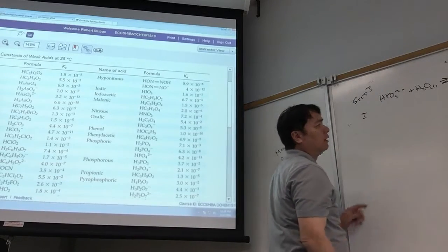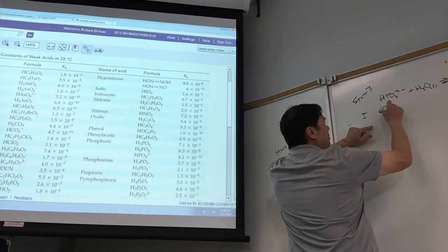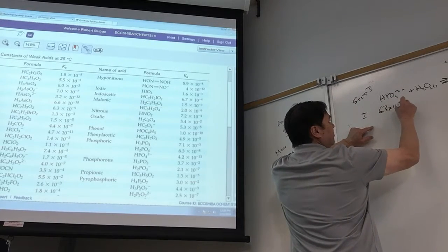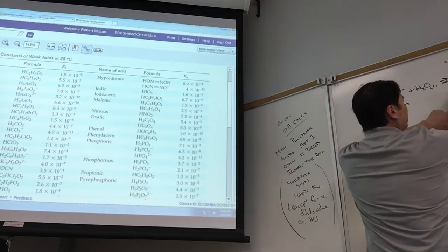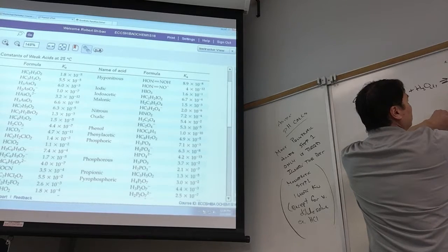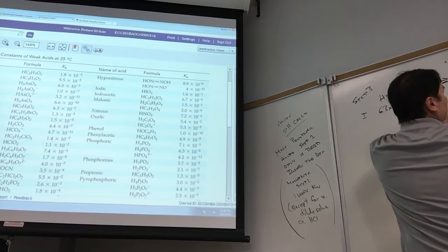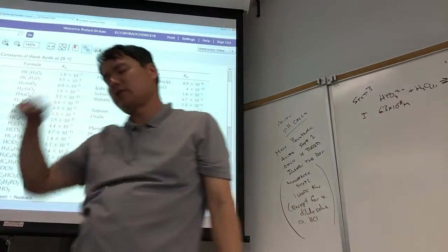And so carrying down the monohydrogen phosphate from the previous step, we have 6.3 times 10 to the minus 8 molar. The hydronium from the previous step is 0.0233 molar. And we're going to assume this is reset, like nothing's happened, no collisions yet.